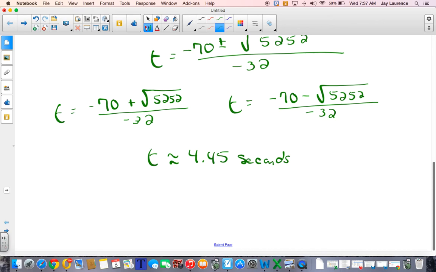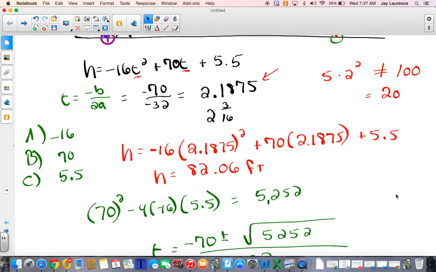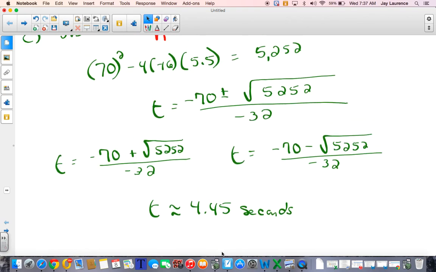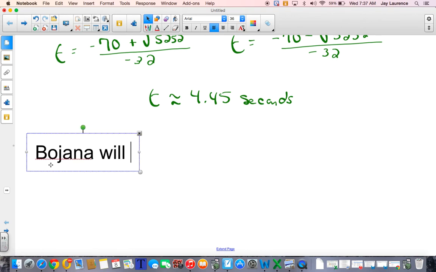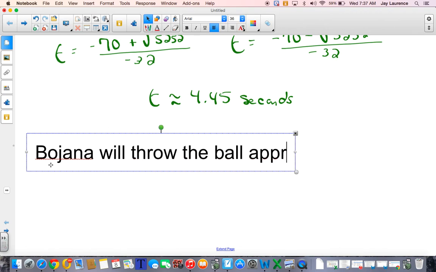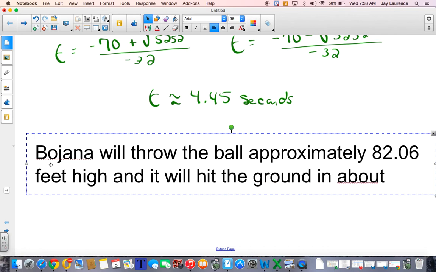So if I were really going to answer this efficiently, because I'm trying to communicate with the reader, I'm going to say, Boyana will throw the ball approximately 82 and 6/100 feet high, and it will hit the ground in about 4 and 45 hundredths seconds.